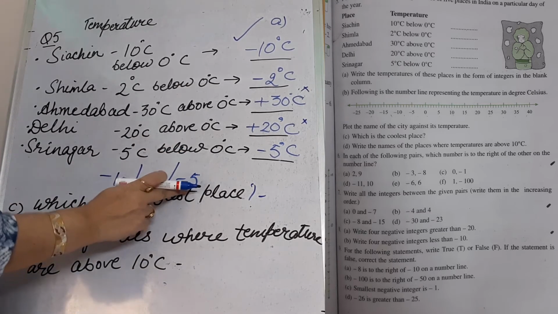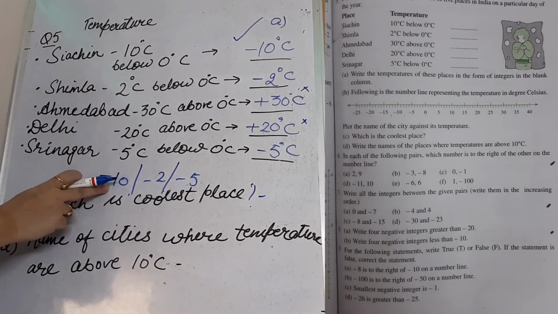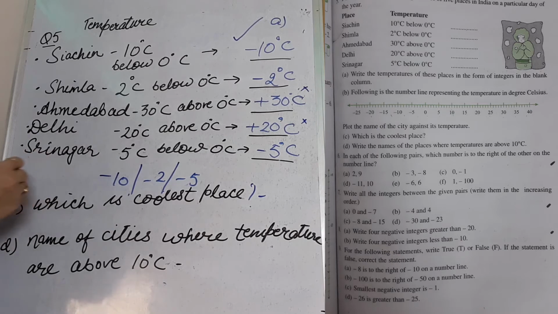Then minus 5 will come. Then minus 10 will come. When you will draw the number line, you will say minus 10 will come at the end. First minus 2 will come, in between minus 3, minus 4, then minus 5. In between more integers will come, at the end you will get minus 10. So it is in decreasing order. Minus 2 is the greatest and minus 10 is the smallest, least out of these.